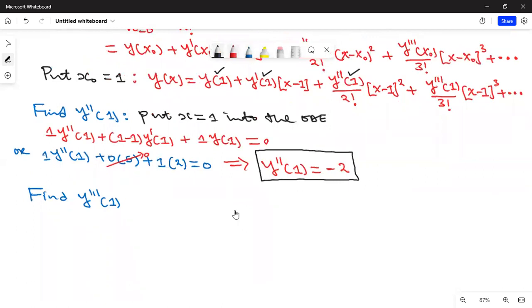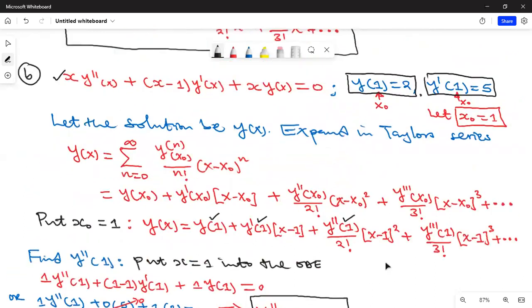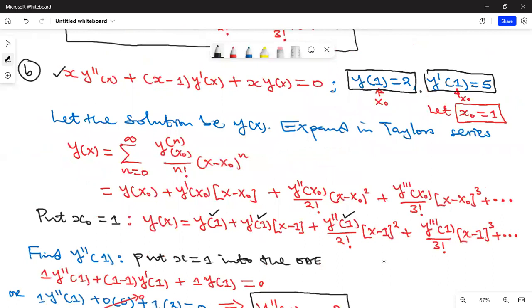We first of all need to differentiate the ODE with respect to x. I don't need to write the ODE again because already we have it here. So let's just differentiate with respect to x.